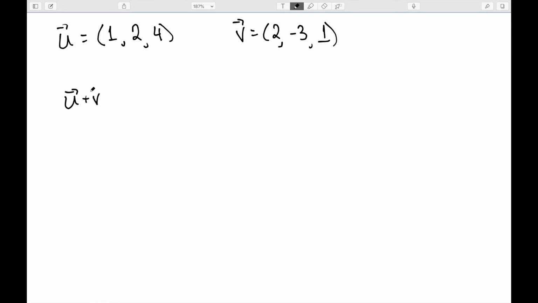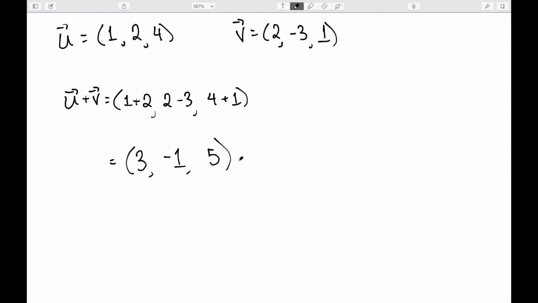In this case, if we want to do u plus v, we would do 1 plus 2 for the first entry. The second entry would be 2 plus negative 3. The third entry, 4 plus 1. So u plus v is given by 3, negative 1, 5.